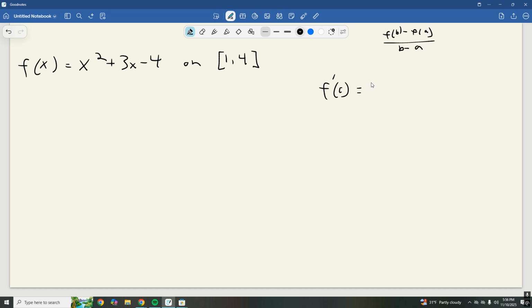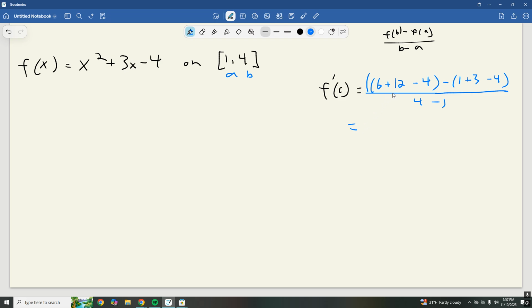Nice. So this is going to be, this is b, this is a, so 16 plus 12 minus 4 over, or shoot, minus 1 plus 3 minus 4 over 4 minus 1.